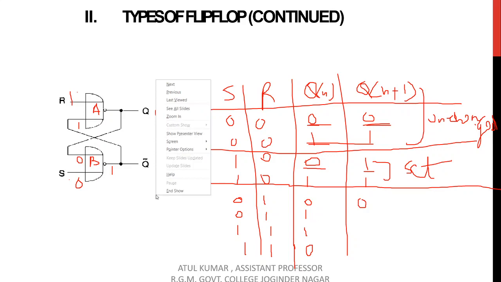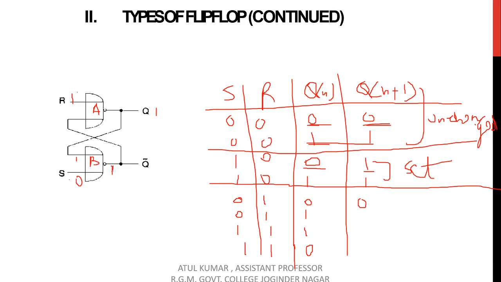So now let us see what will happen if we change the previous state output to 1. So suppose here S is equal to 0 and R is equal to 1, and the previous state value is 1. So 1 is given as an input to the second NOR gate, so the input here is 1 and 0, so the output becomes 0.